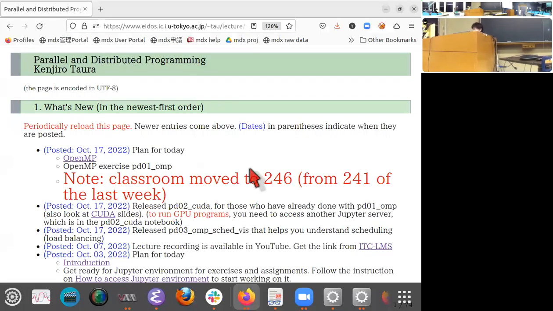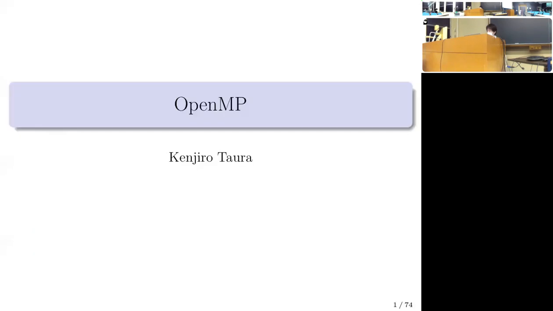Okay, this one. Today's plan is, I'm going to talk some time about OpenMP, and hopefully you have some time to work on the PD01 Jupyter notebook thing. So maybe we go between these two back and forth during the class time. Okay, let's get started.